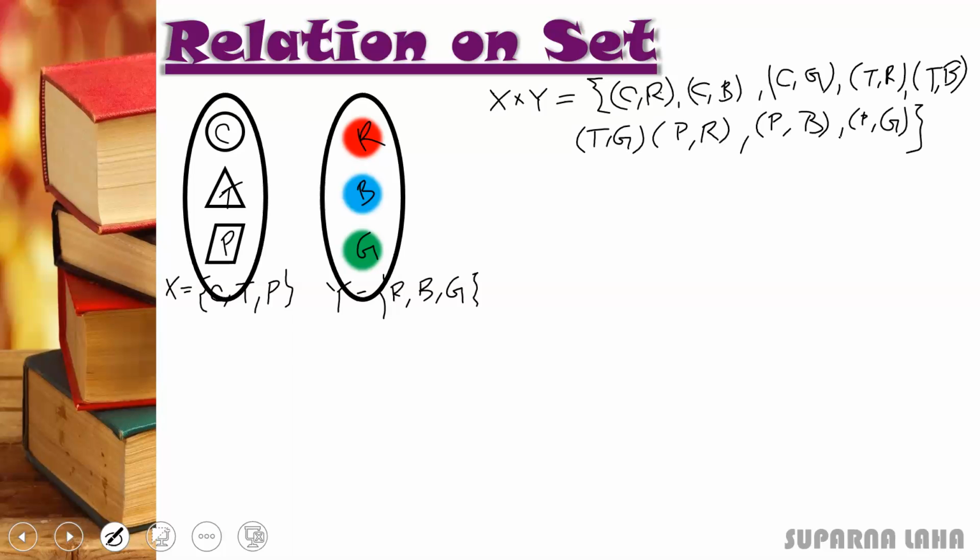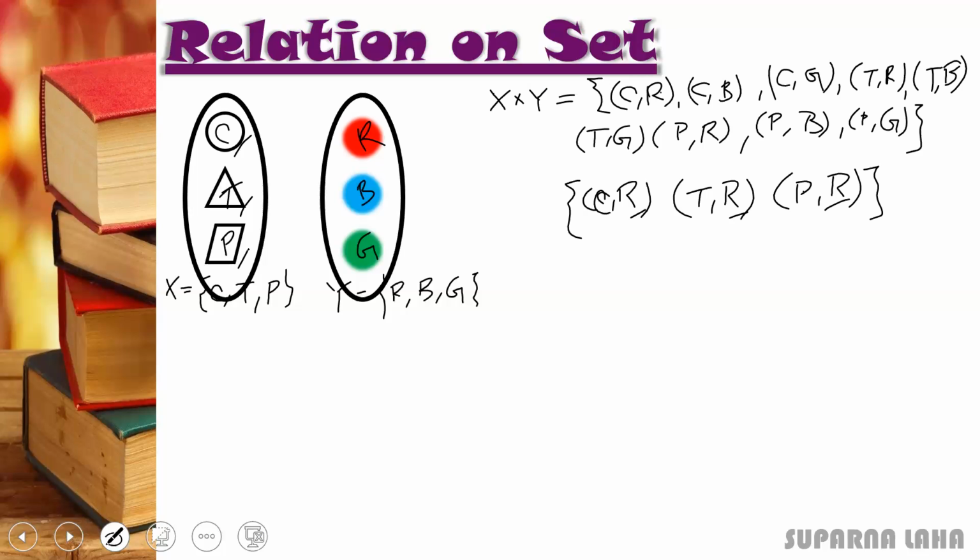Now I'm just picking up three elements from this Cartesian product. So let us pick these three elements: C, R, T, R, and then P, R. So I'm choosing those elements where the color is red, and the members are for the circle, for the triangle, and for the parallelogram also.